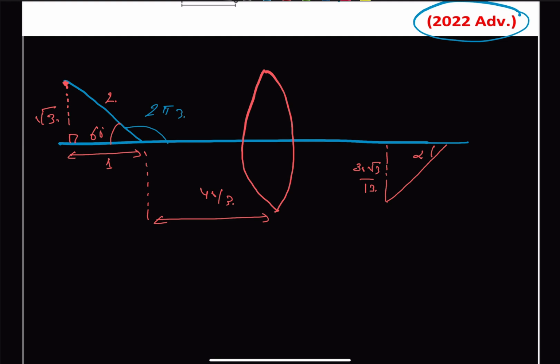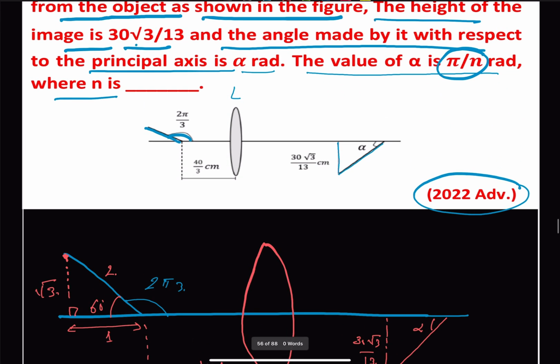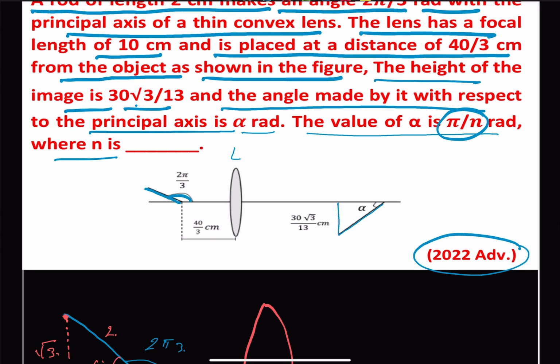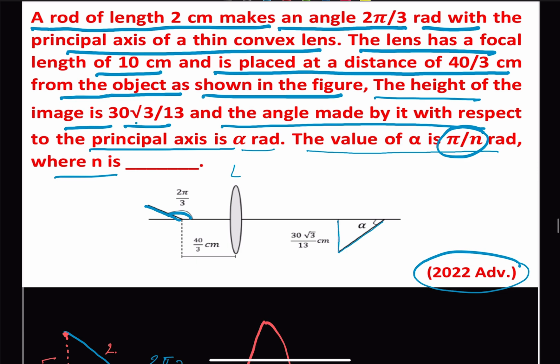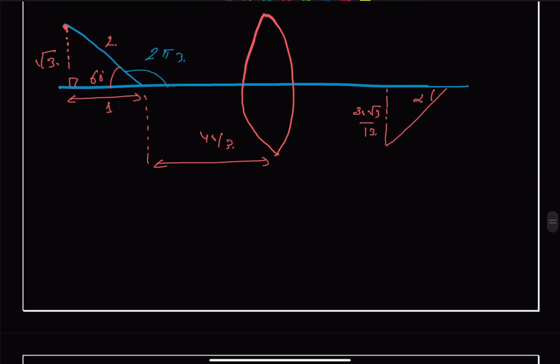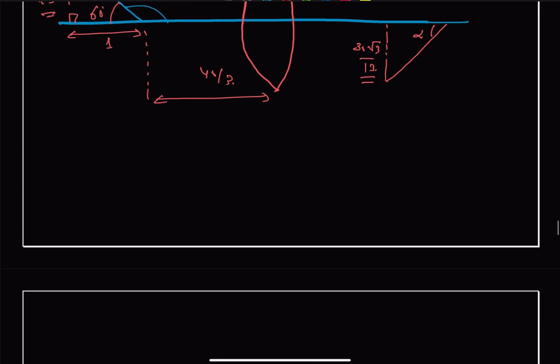We know the height of the object and we know the height of the image. So we can use the formula that height of the image divided by height of the object will be equal to v upon u.